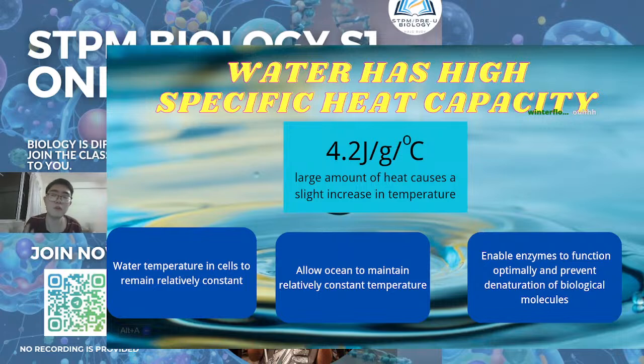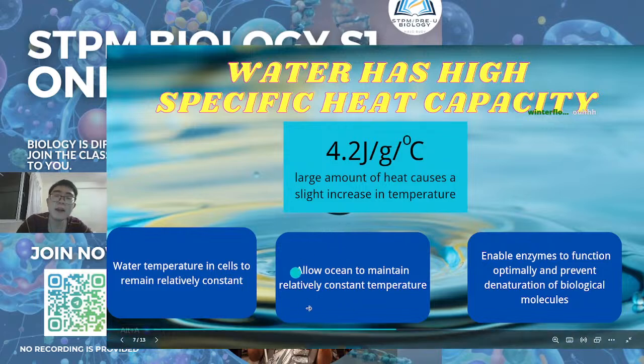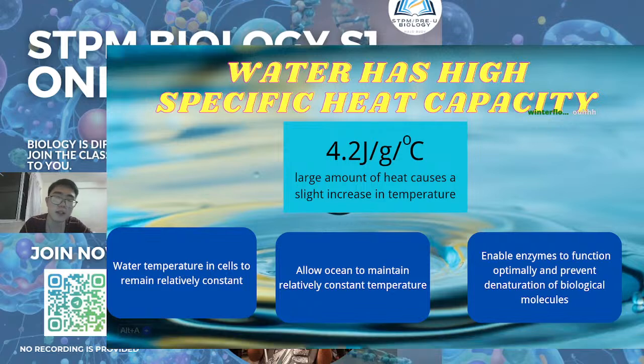The fish and all the living organisms in the ocean could not survive, because the temperature would be too high, unsuitable for organisms to survive. It would also affect the whole ecosystem. Normally the earth would not be suitable for living organisms anymore. Why? Because the temperature would change based on the surrounding temperature. When it is high, it also becomes high. When it is low, it also becomes low. There would be no constant temperature maintained.